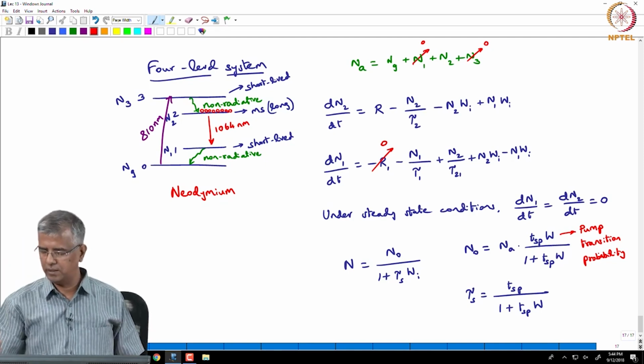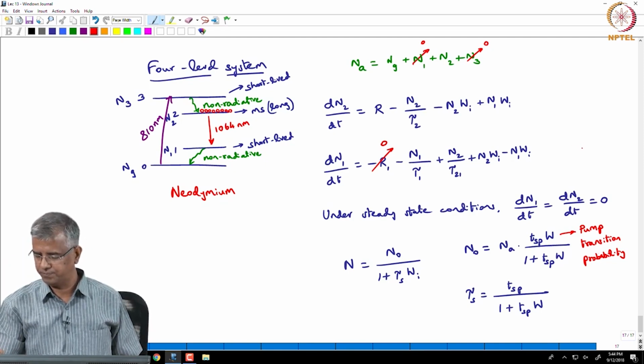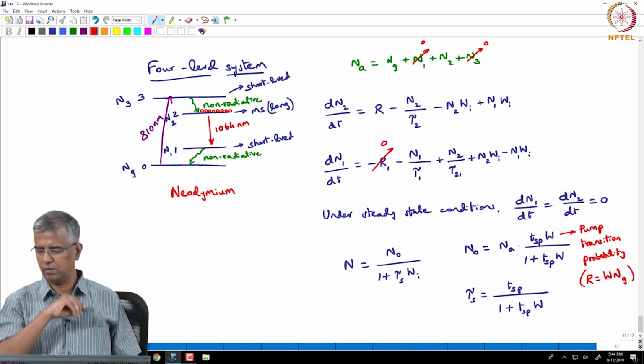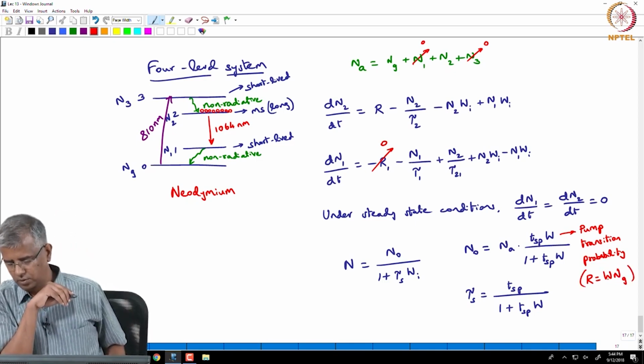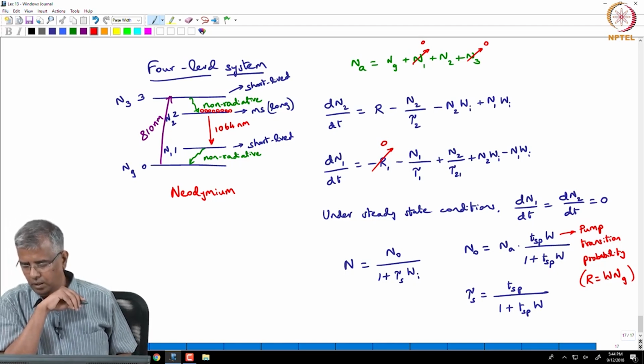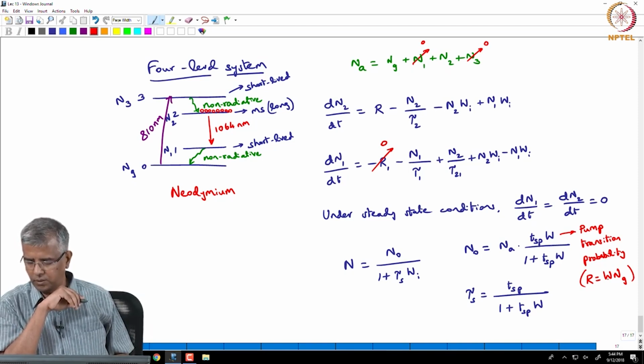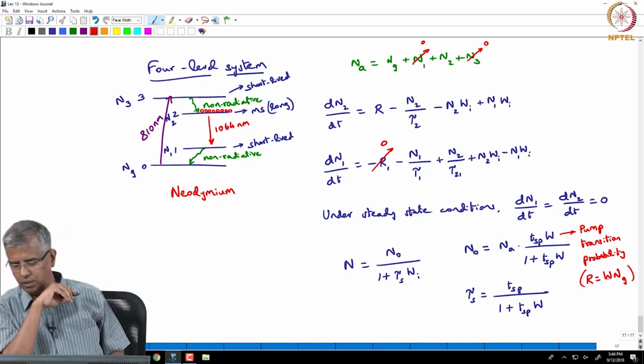Okay. So, I can just write it here, such that R equals W multiplied by Ng. Okay. So, yeah, we could have just written it in terms of R as well, just to be consistent with the previous case.